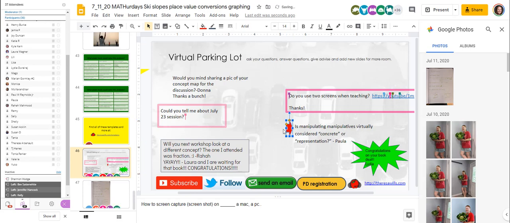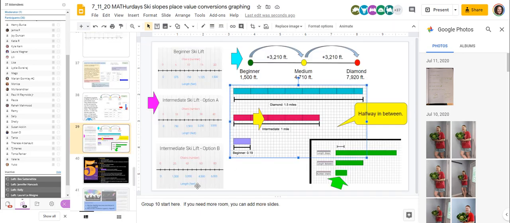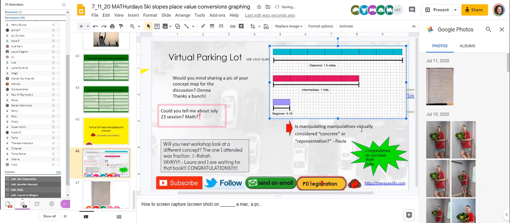Is manipulating manipulatives virtually considered concrete or representational? Ooh, Paula, I have an entire paper that I'm working on about this, and I'll give you my ideas here. If it is a picture that you are then posting on your slide, such as this one here, this was once concrete because people were moving it around, but once they took a picture of it, it became static and we can't move it anymore.